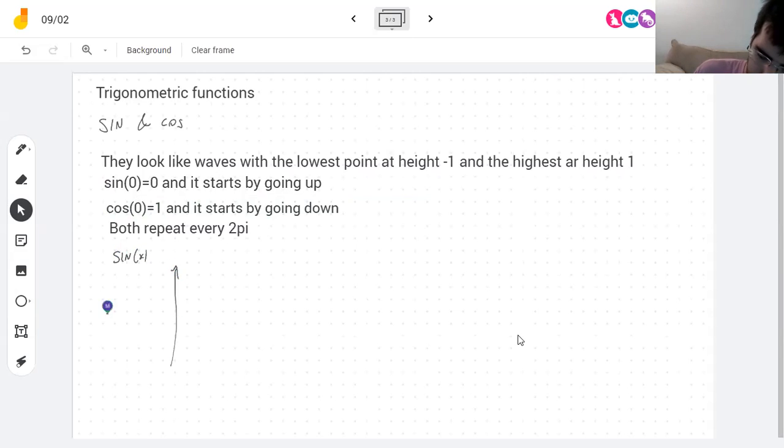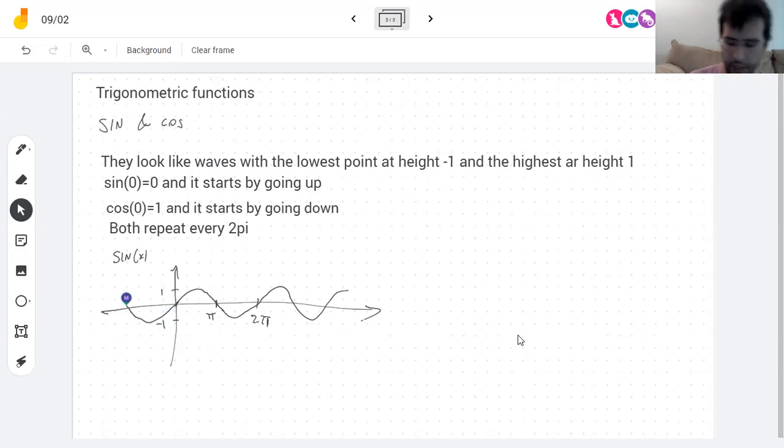I just told myself that I have to start at 0, and once I get to 2 pi, I have to do a full wave. So at pi, I'm going to do a half wave. That's what it looks like. So this is 1, this is -1, and it continues for the negative numbers.